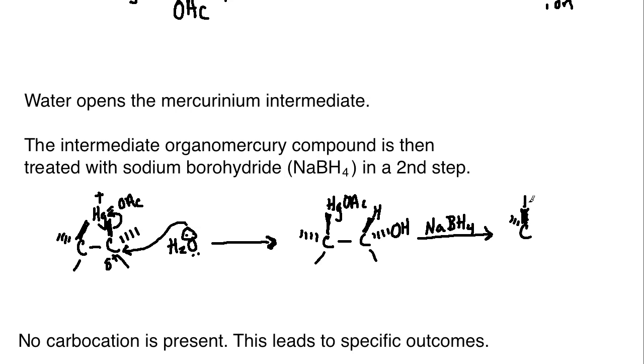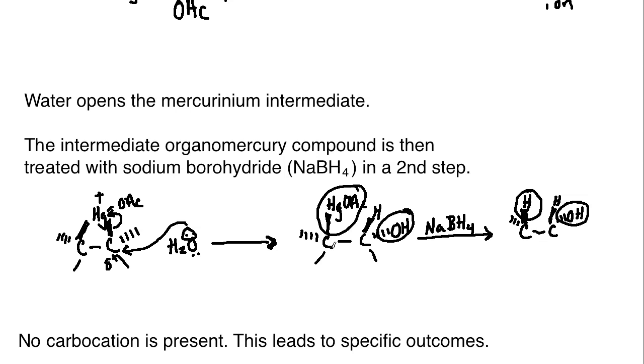Okay, a hydrogen that takes the place of the organomercury portion. And then you would still have your OH here. Now notice that the OH is in back here, and the H is in the front there. So that is important, and you can follow that along backwards here, okay? This is going to be important in the stereochemical outcomes that we always see for this reaction.